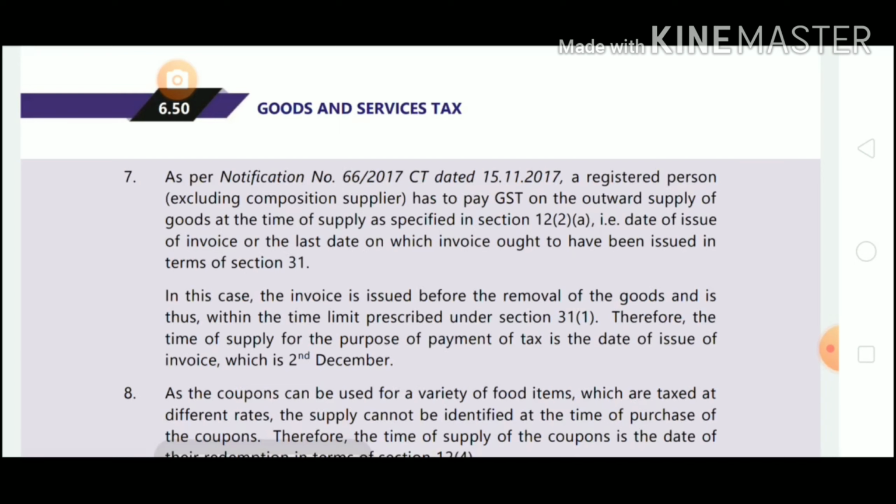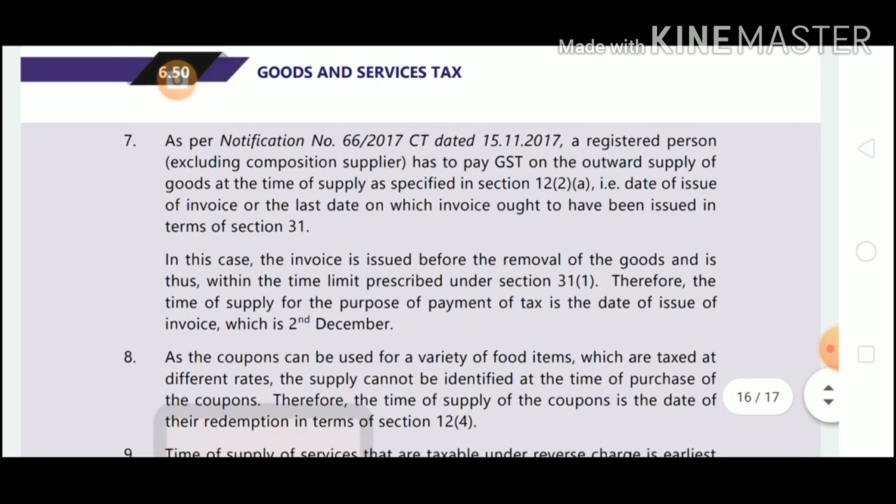In this case, the invoice is issued before the removal of goods and is thus within the time limit prescribed under section 31 subsection 1. Okay, it is within the time limit. Therefore, the time of supply for the purpose of payment of tax is the date of issue of invoice, that is 2nd of December.